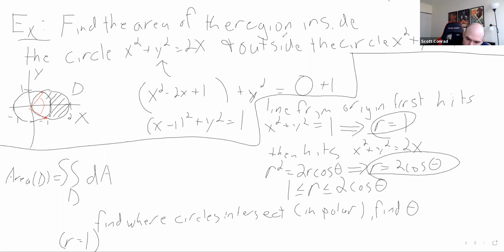This is going to be where the two intersect. So we have 1 equals 2 cos theta. Both of these are equal to r, so we're setting them equal to each other.